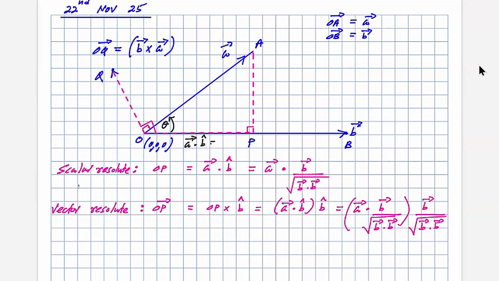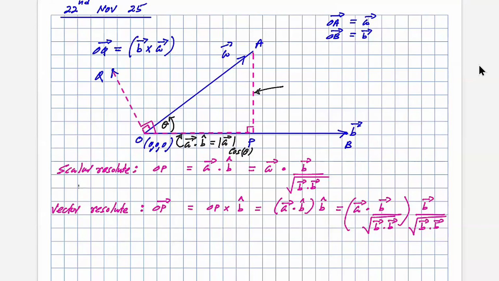A vector dot B hat is the magnitude of A times cosine theta. You know that already, right? So that means the base you have through the dot product. Now, what about this guy?